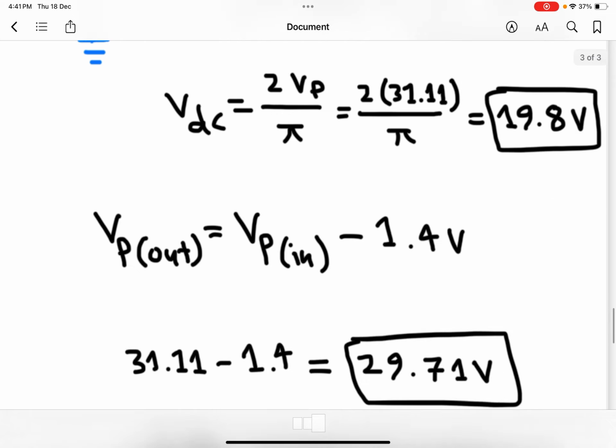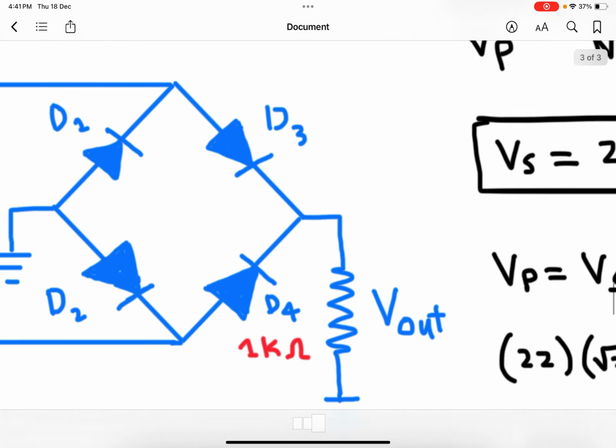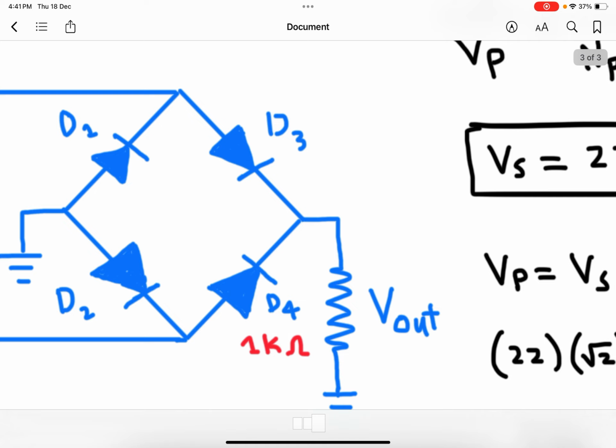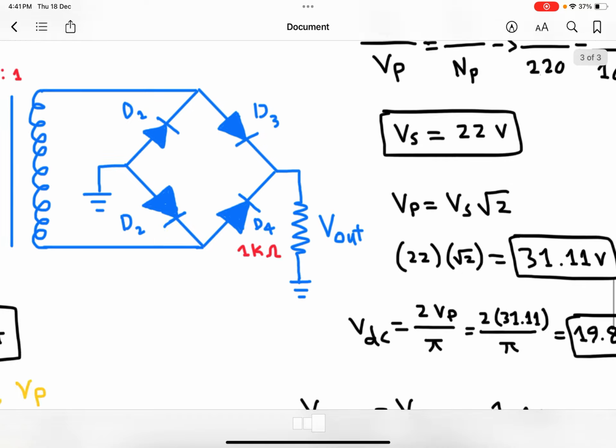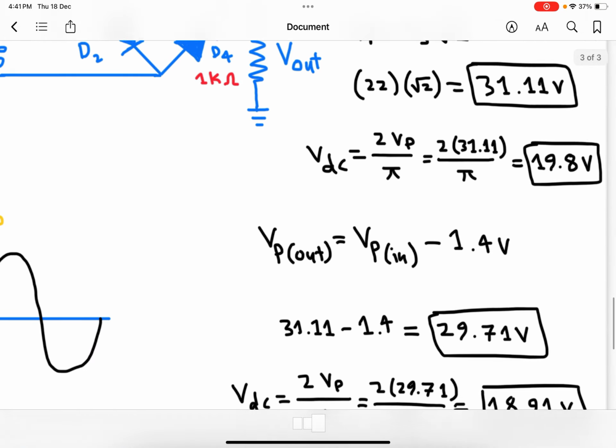Now if we want to use the second approximation to calculate the DC voltage, V peak output equals V peak input minus 1.4 volt. Here we use 1.4 volt because we multiply by 2 diodes, because it will affect 2 diodes on the V output. I hope you understand the idea.